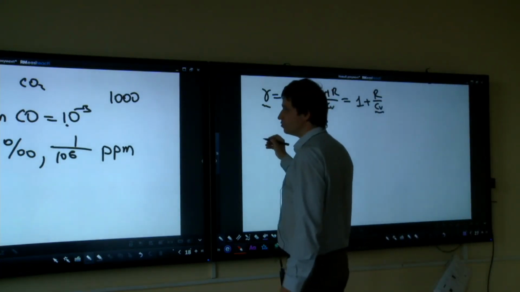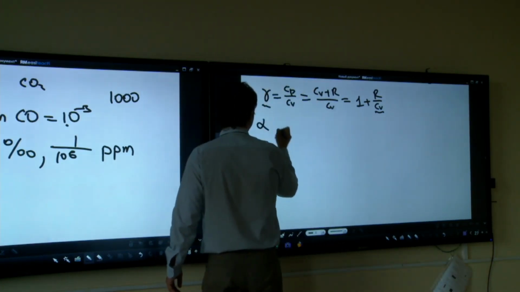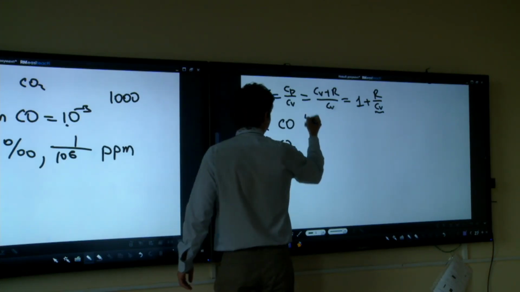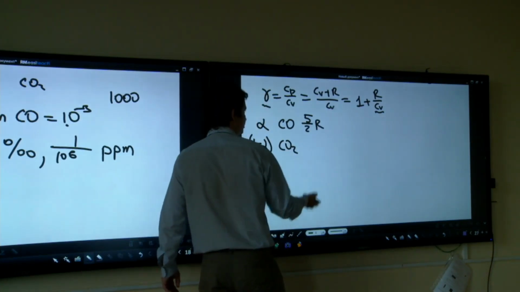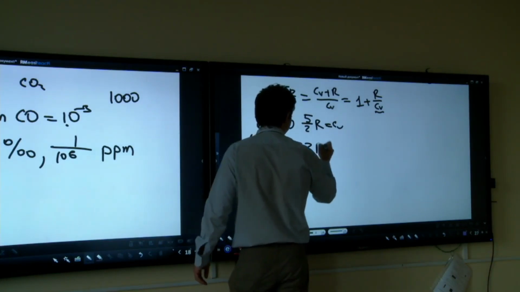So if I have part alpha of CO, that means that 1 minus alpha is CO2. This has the molar heat capacity at constant volume of 5 over 2 R. This has 3R.